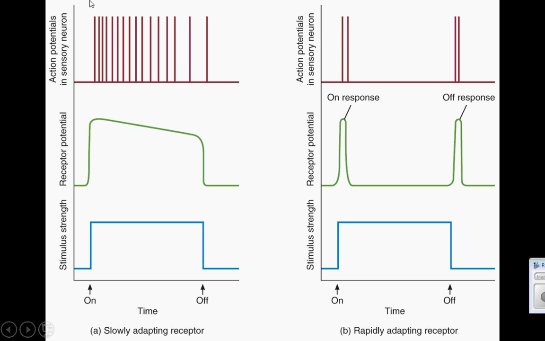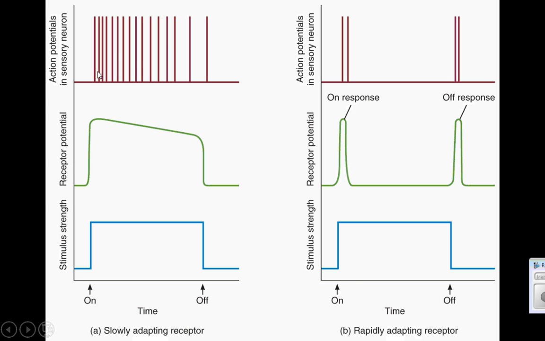We can show what I'm talking about on this next figure. With our letter A, slowly adapting receptor, we're stimulating it from this period of on to this period of off. Over here, the stimulus strength is the same for both, so that's not going to be any different between slowly adapting and rapidly adapting.